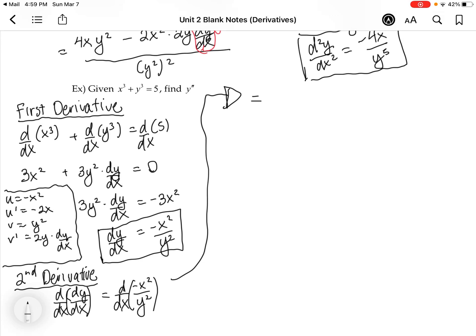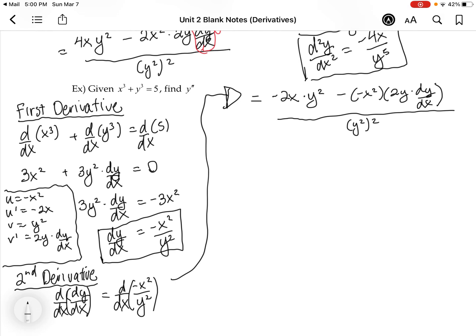Okay, so u prime v is negative 2x times y squared, minus u v prime, so negative x squared times 2y dy dx, over v squared, which is y squared squared.